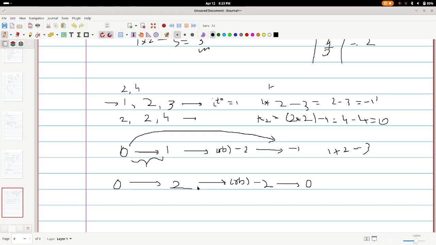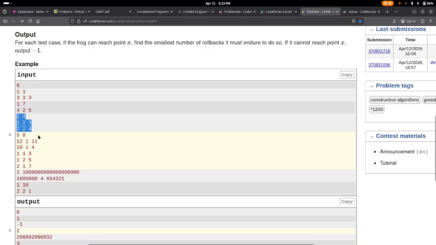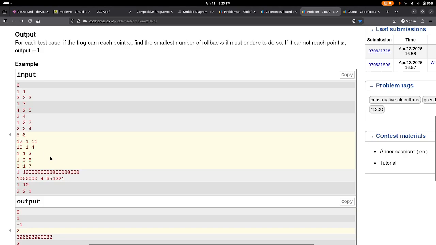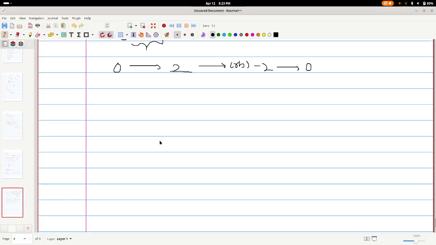As you have seen, the value of k for i equal to 1 and 2 is either negative or 0. So we'll not be making any progress. We will not reach 4 anytime in the future. So the answer is minus 1. This is an interesting test case, and after this test case, everything will be crystal clear.